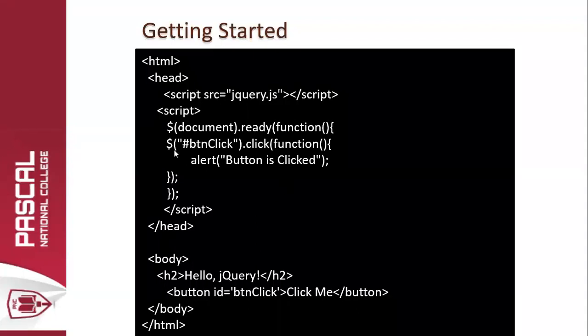Within the dollar bracket, within double quotes, you have hash btn, then .click is your function defined. This is the inner syntax. Within this function, you write your code. Let's say you want to alert and show some message as your button is clicked. So this is the basic example that you can do with jQuery.